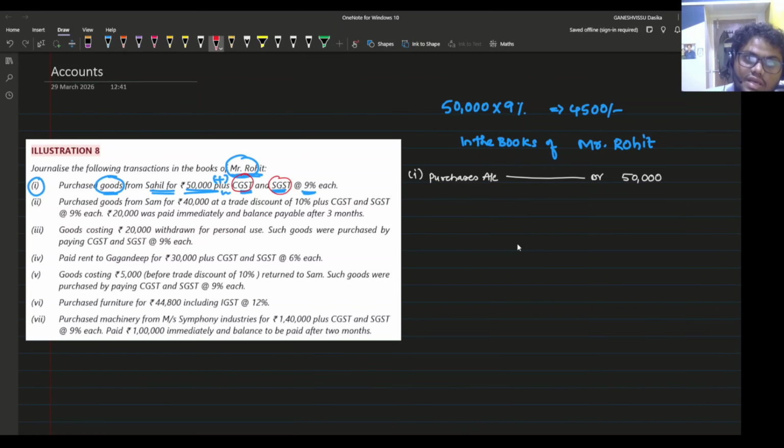Along with this transaction, we are also required to write the entry because, in the books of Mr. Rohit, he is paying the amount for the goods he purchased, and he is also paying the amount related to GST. So he has to write the entry related to GST as well. What would the entry be?